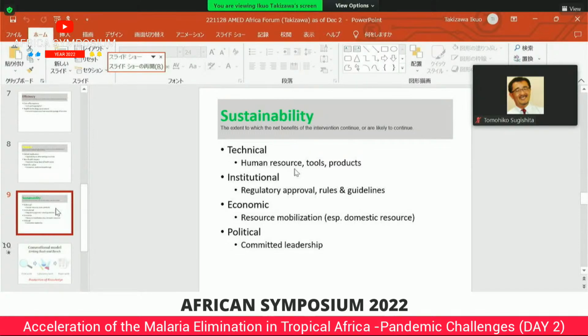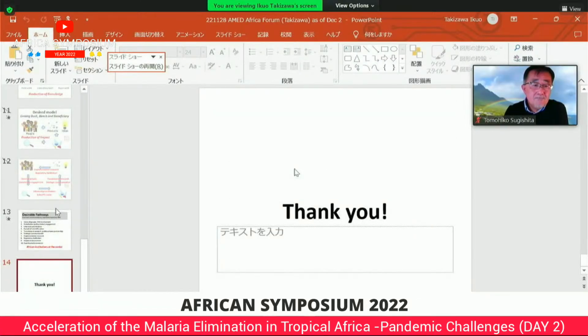But sometimes I noticed that we share the same issue, we see the same problem, we share the same concern, but oftentimes we speak a different language. And there should be a better way of communicating and linking the development partner perspective like we have, and the research community or the academics.